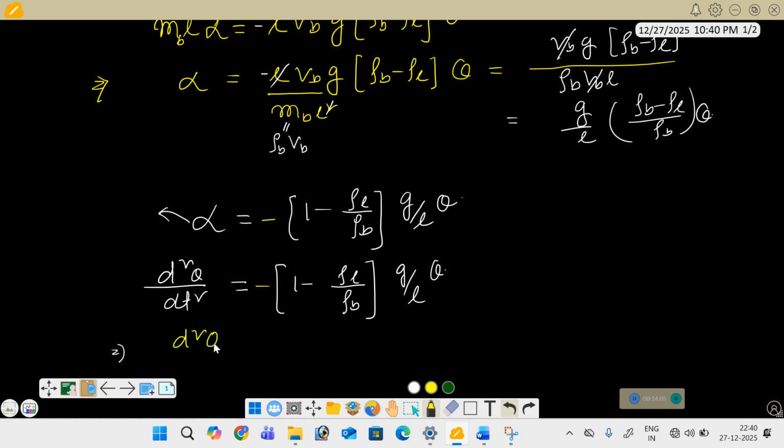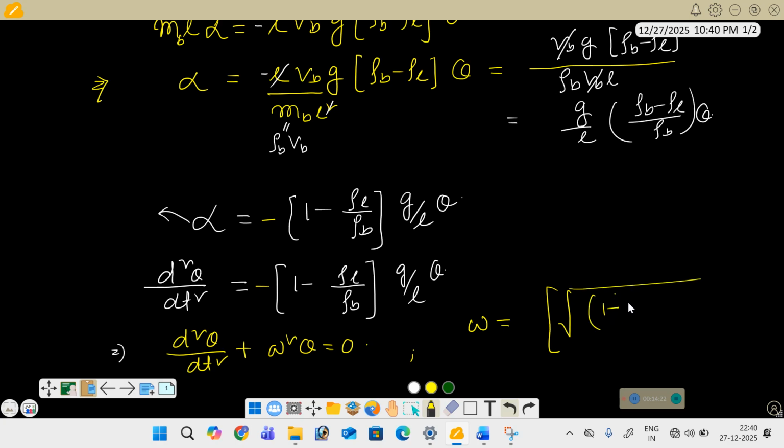So from this we will have d2 theta by dt2 plus omega square theta equal to 0, where omega is equal to root over (1 minus rho L by rho b) into G by L. This is the second order differential equation for simple harmonic motion.